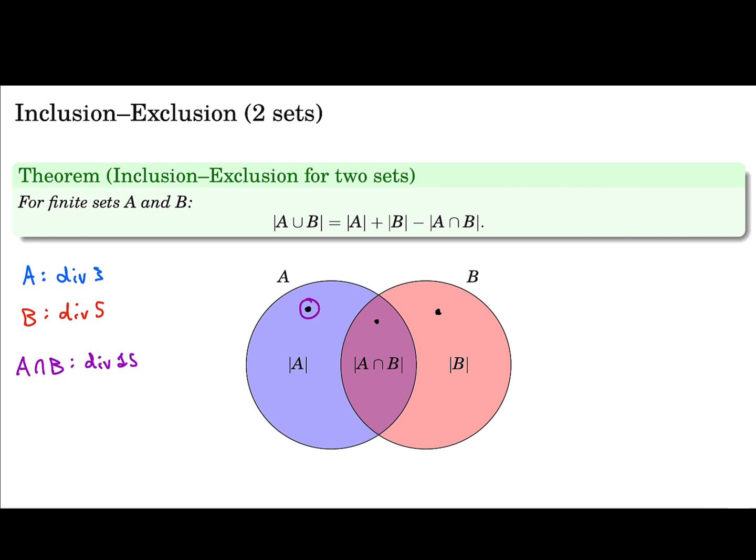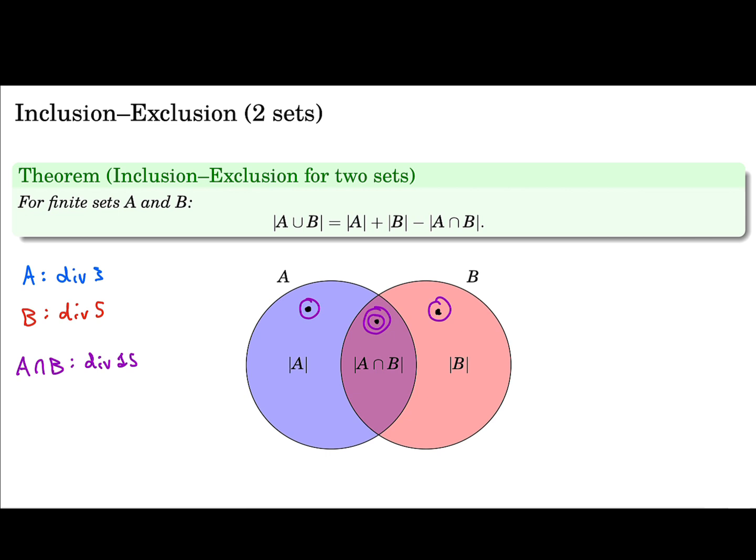When you count the elements of B, this is counted only once. But when you count the elements of A, this is counted once, but then when you count the elements of B, this is counted twice. And so you need to subtract this to be able to get the elements of A union B. And this is how you get rid of the double counting.